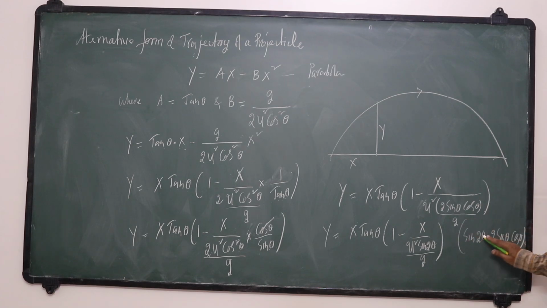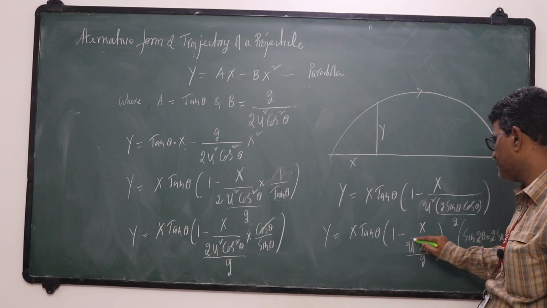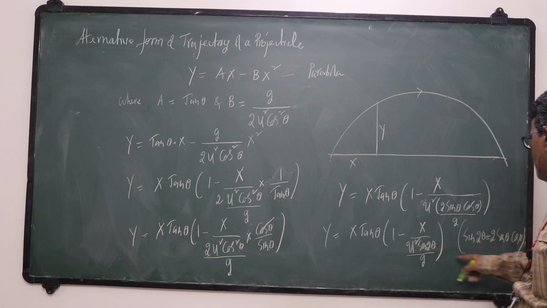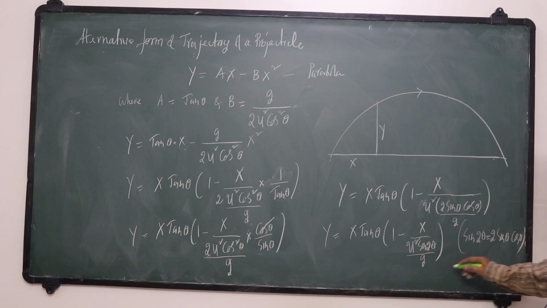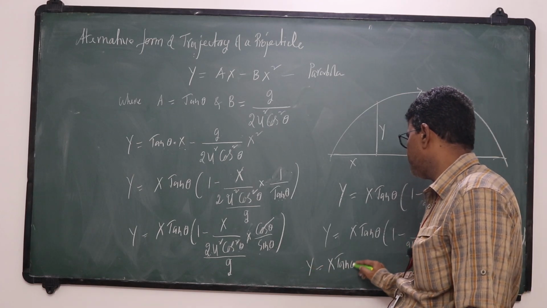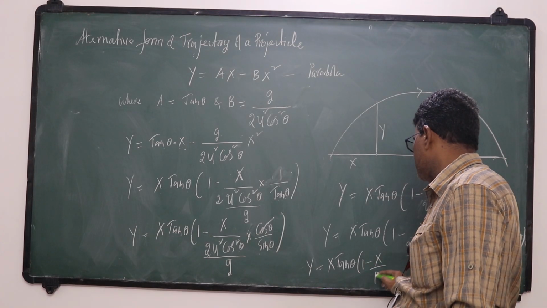What is the expression for range? Range is u square sin 2 theta by g. Since R is equal to u square sin 2 theta by g, we have y is equal to x tan theta of 1 minus x by R.